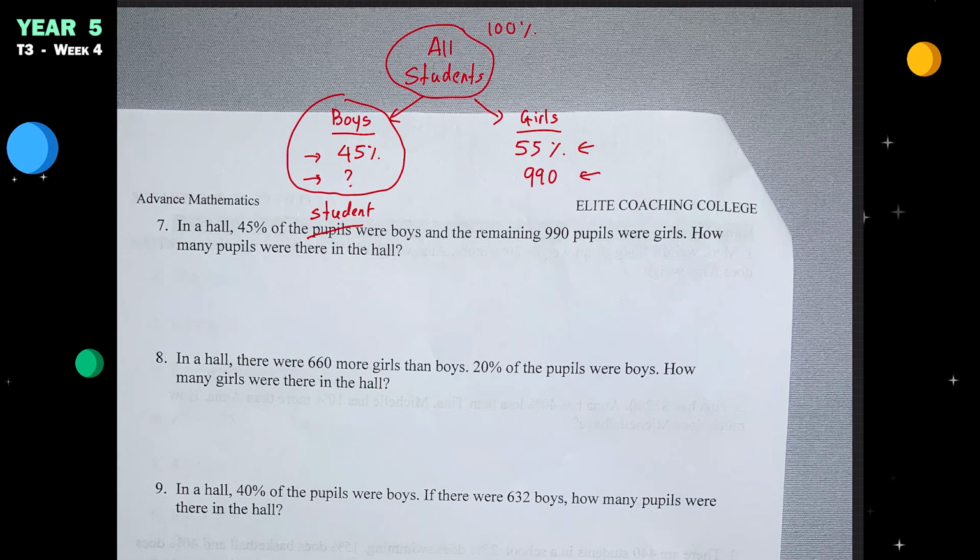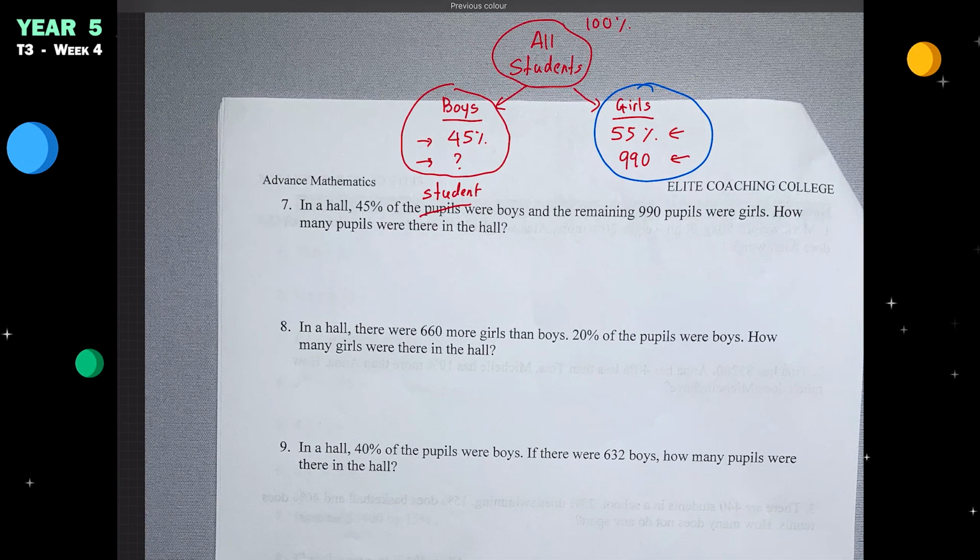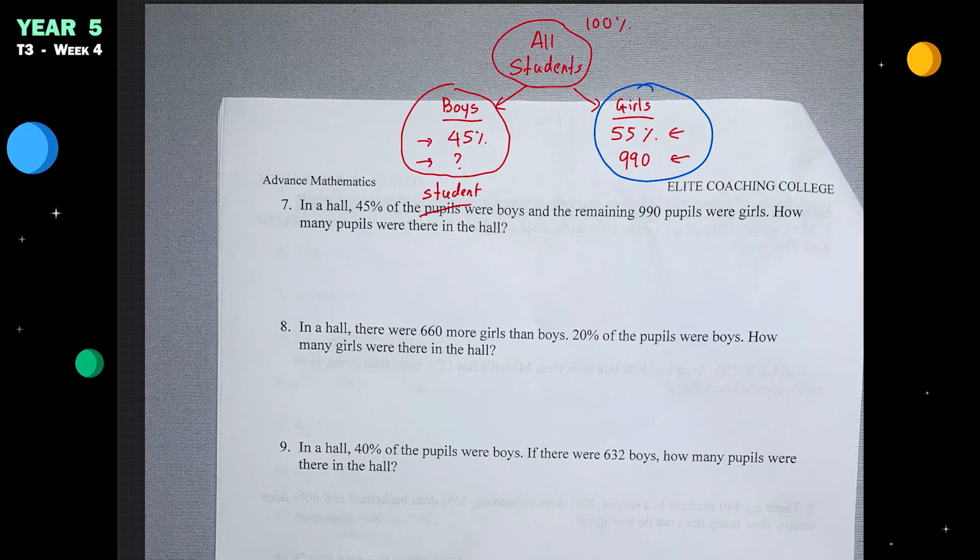But we can use the girls instead. We're going to use this to help us figure out what 100% is. So first you map it out, and now we're going to do the calculations. We know that 55% of all the people is our 990 people.